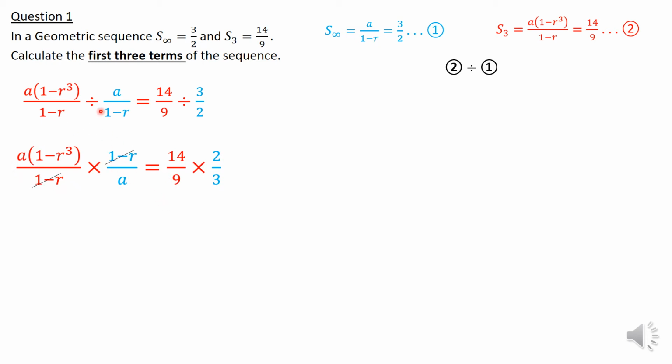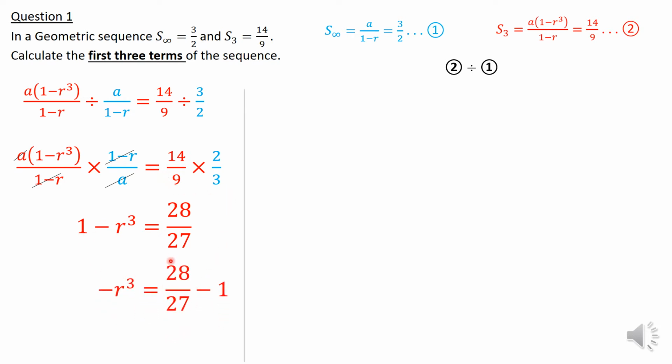Dividing by a number is the same as multiplying by its inverse. And the a's also cancel, leaving you with 1 minus r cubed equals 28 over 27, which you get from multiplying 14 times 2 and 9 times 3 respectively.